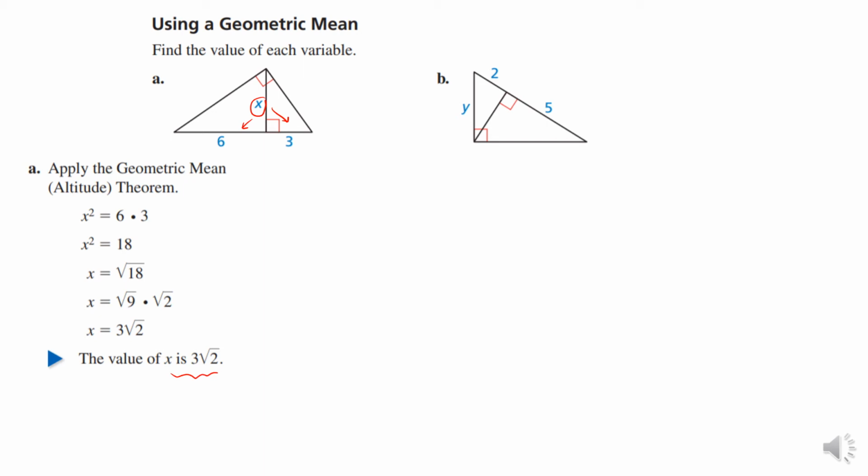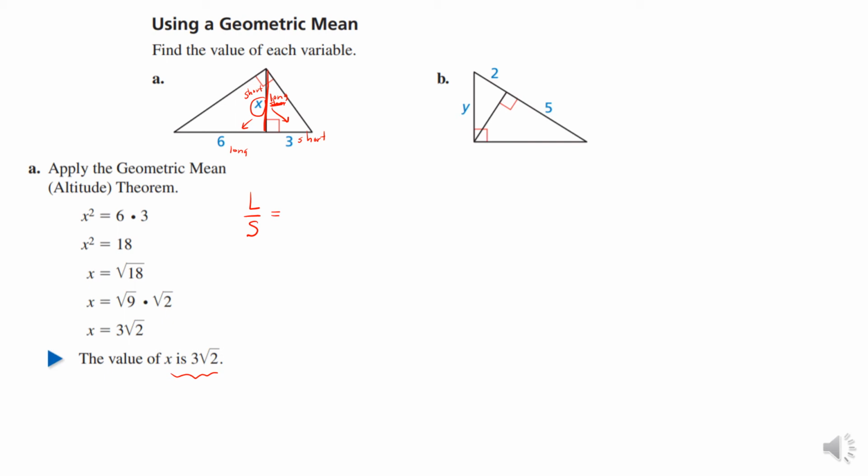Now, how I would set it up is the first thing I would look at is, okay, x is the short leg of this triangle, and this is the long leg. But of this triangle, it's the long leg, sorry, and this one's the short leg. So now I know that I can set it up short to long or long to short. Doesn't matter. So I'm going to set it up long leg to short leg.